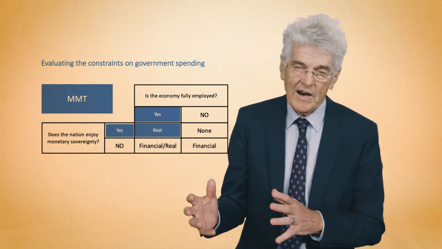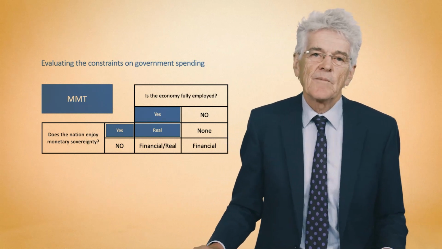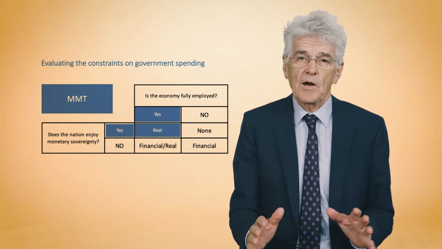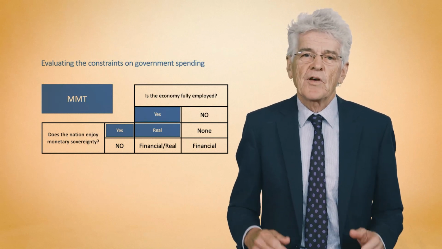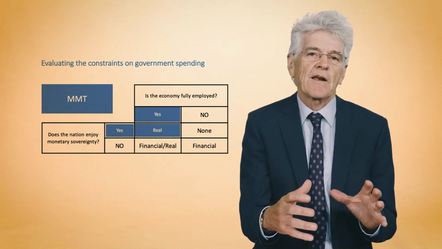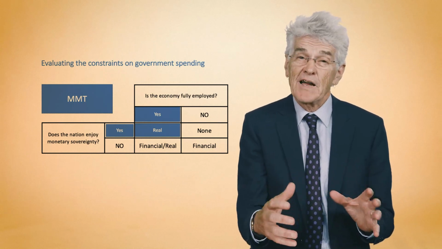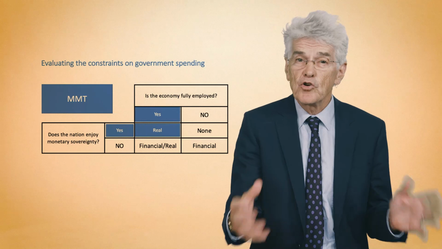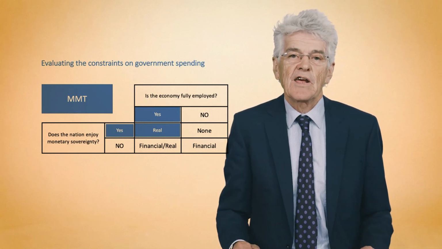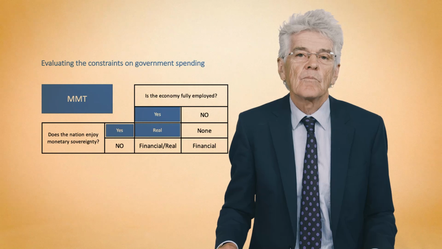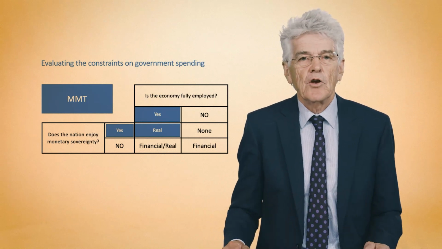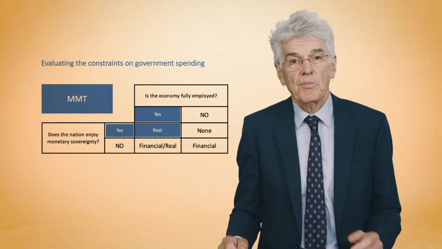And the second scenario is whether the economy is currently at full employment or not. Now, what does that mean? That means that if it is at full employment, all the productive resources that economy has available are currently being used in whatever endeavour they're fulfilling. And the alternative is that no, it's not fully employed.